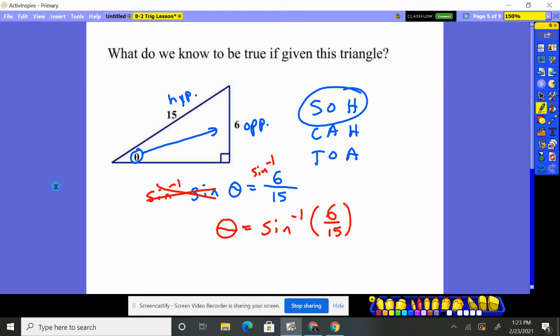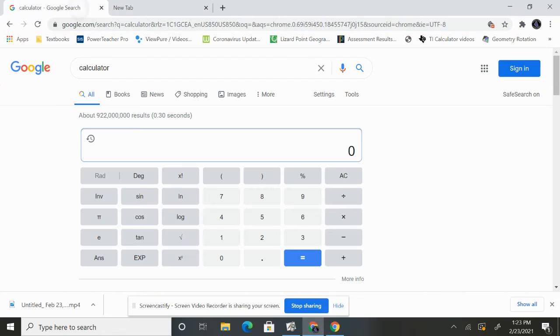Well, let's go to a calculator here. Remember, you need to make sure this is in degree mode always. And notice there's this button, INV, okay? Right here, INV. That's natural log, and INV is right here. If I hit that, notice it turns this to inverse sine, inverse cosine, inverse tangent. So I hit inverse sine, which notice it says ArcSine.